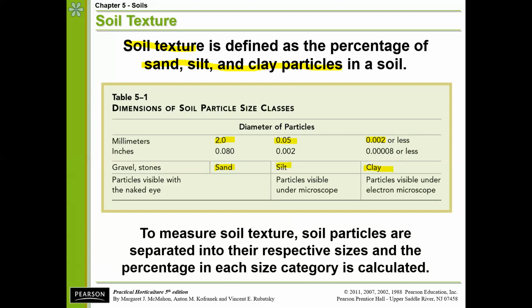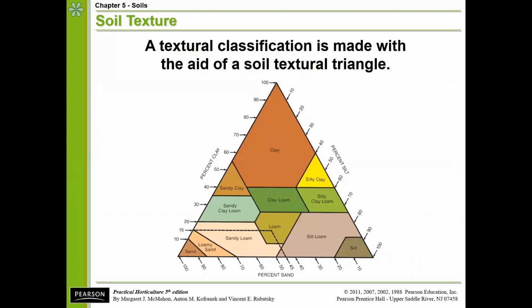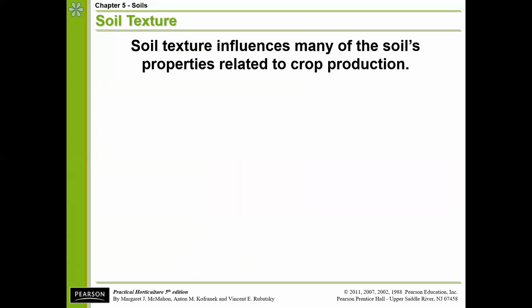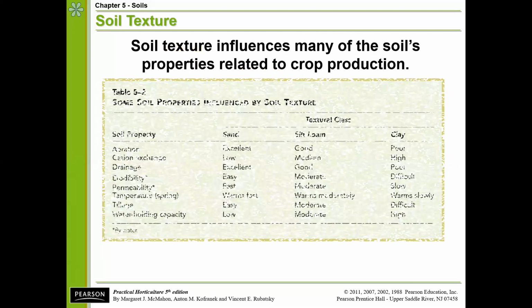And the USDA created this neat little soil textural triangle that really is how we determine the classes of soil based on that mix of sand, silt, and clay particles. And this different textural classification relates to the soil's properties and how suitable they are for crop production.